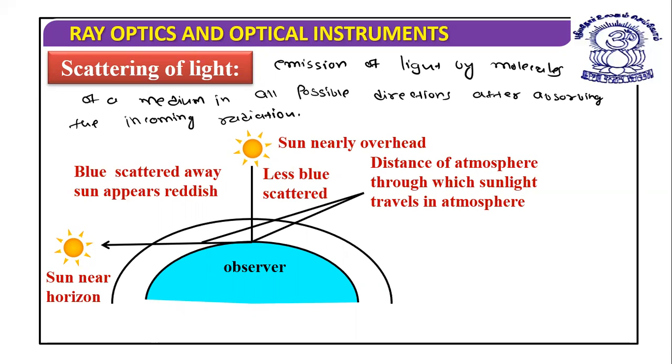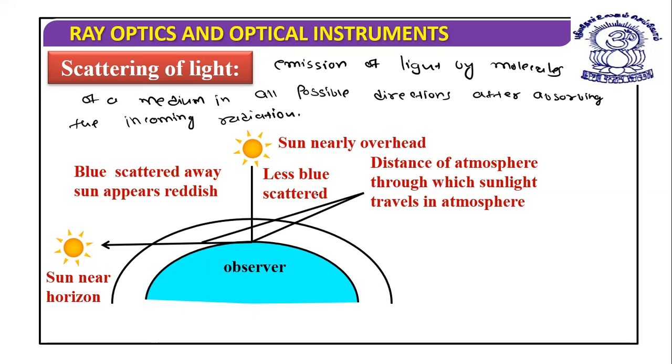Here we can see two phenomena of sunlight that happen due to scattering of light. During the daytime, sun is nearly overhead. It is above the horizon. So the distance of atmosphere through which light travels is lesser.